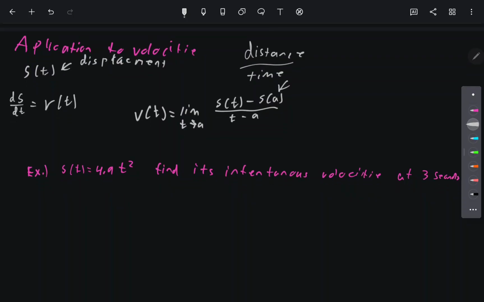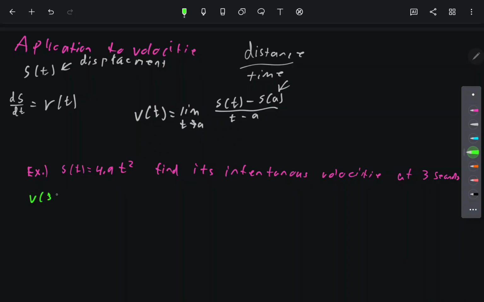So I actually have an example here. We want to take s of t equal to 4.9 t squared and find its instantaneous velocity at 3 seconds. So we want to take our velocity.